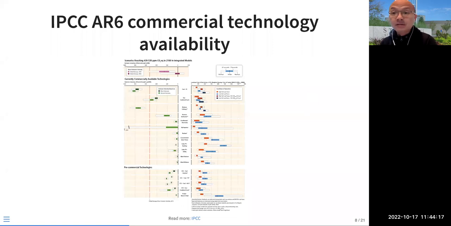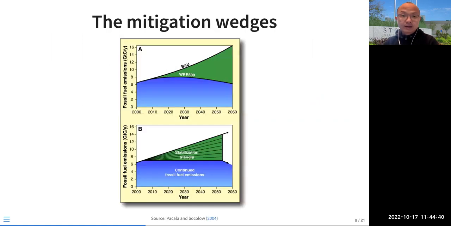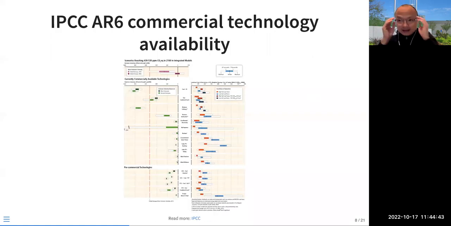IPCC reports also incorporate those recent developments and show it's technically possible and also economically viable to achieve energy transitions. So those are the key messages or fundamentals, and the IAM really helps us to understand the logic.